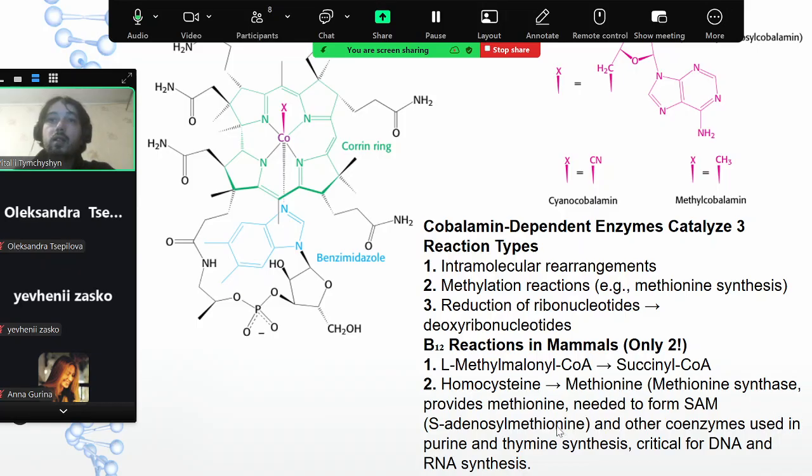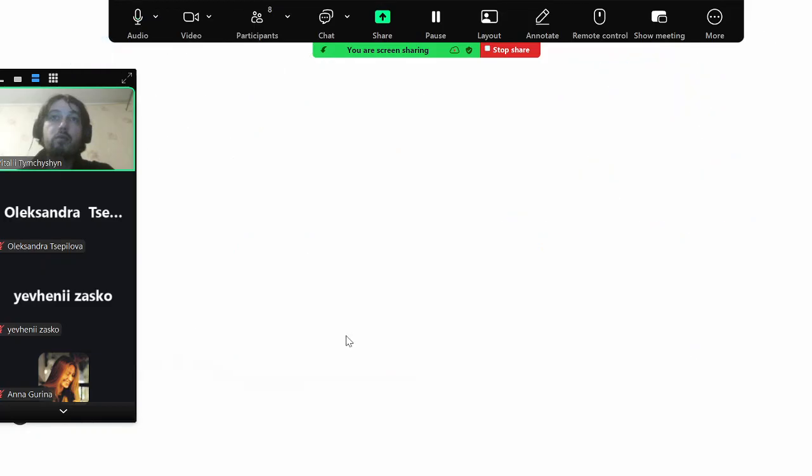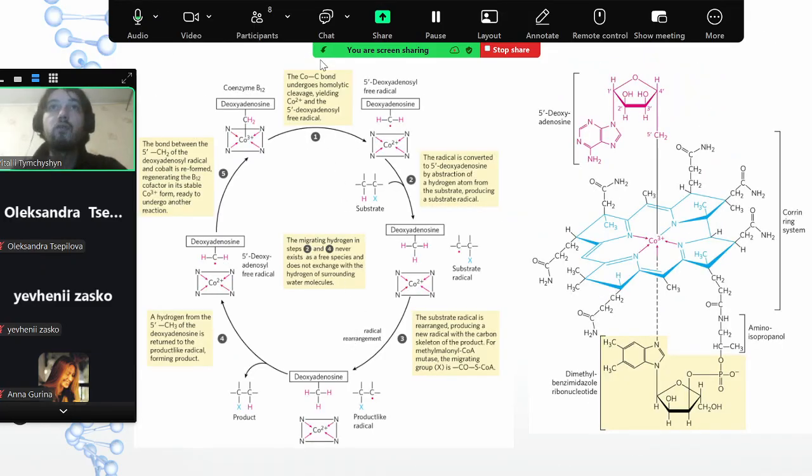So methionine synthase provides methionine needed for S-adenosylmethionine and other coenzymes used in purine and thymine synthesis, and that are critical for DNA and RNA synthesis. So B12 is pretty critical for us.